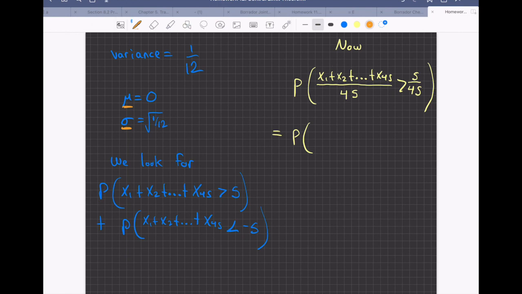All of this becomes X bar. So this means the probability that X bar is greater than 5/45.